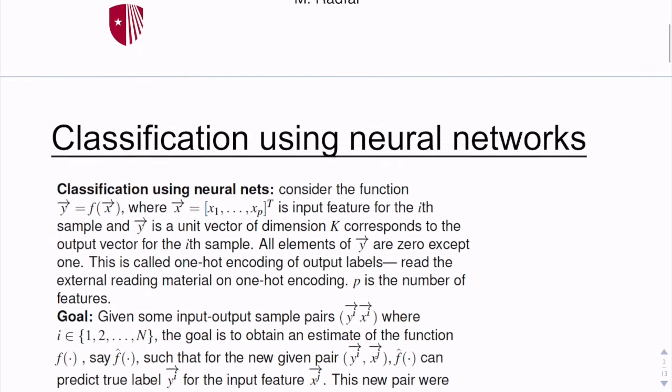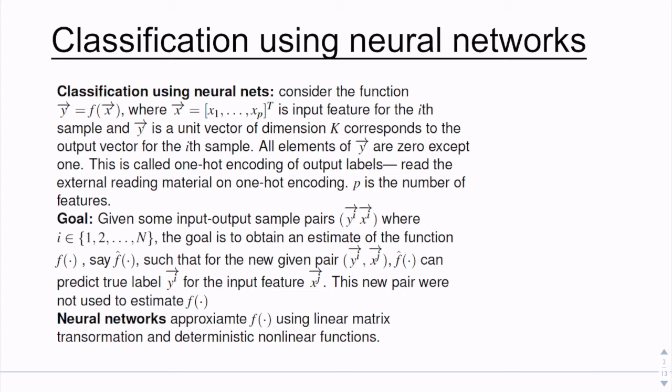So let's again look at the classification problem. Classification problem using neural networks is similar to the way we define the classification problem, with a very minor difference. Here also we have an input vector, or a feature vector.